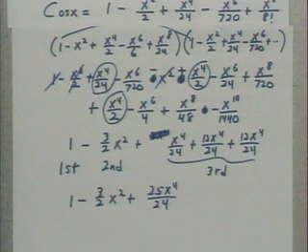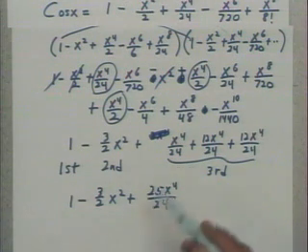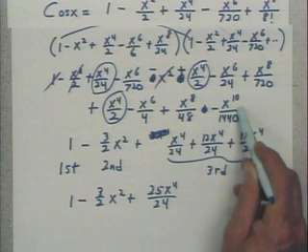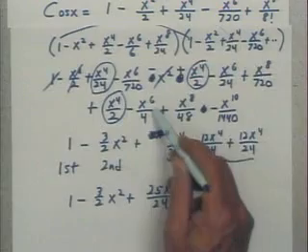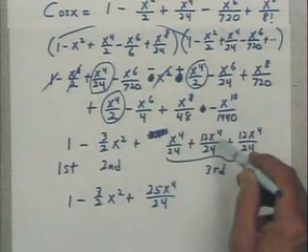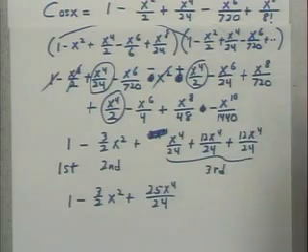How would you like to get the first 6? Well, if you wanted to get the first 6, you'd have to get all the way to x to the 10th, wouldn't you? Because that would be the power on the 6th term, because after 4 comes 6 and then 8 and then 10. But you'd have to FOIL it enough so that every possible x to the 10th was written down.